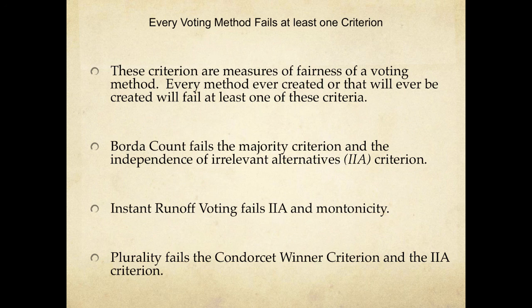For example, Borda count fails the majority criterion, and it also fails the independence of irrelevant alternatives criterion. Instant runoff voting fails the independence of irrelevant alternatives and monotonicity, and plurality fails the Condorcet winner criterion and the independence of irrelevant alternatives criterion.